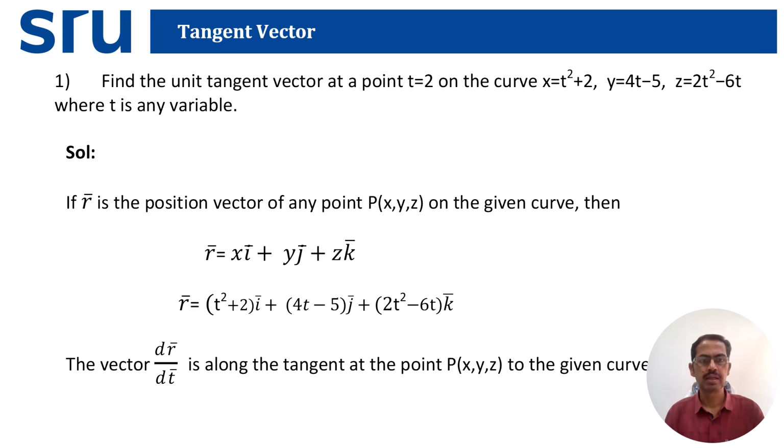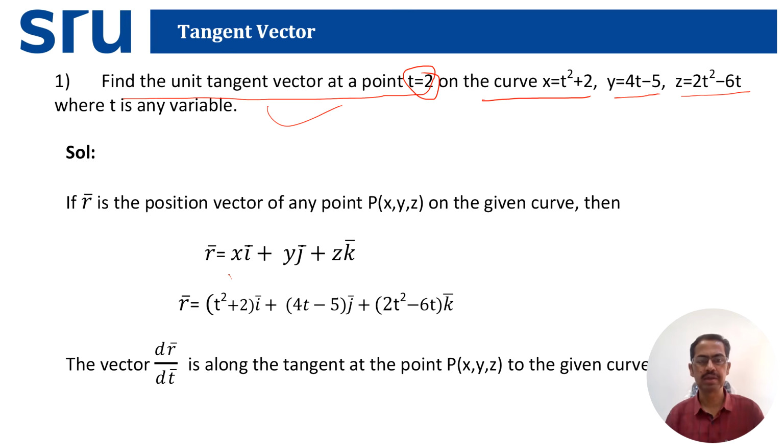Find the unit tangent vector at a point t for the curve x is equal to t square plus 2, y is equal to 4t minus 5, z is equal to 2t square minus 6t, where t is any variable. First you take r bar, the position vector, then only we define the tangent vector.